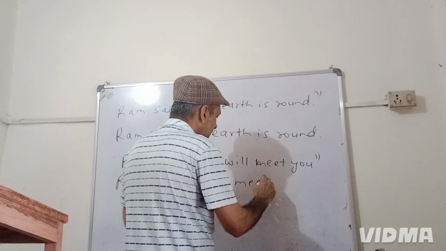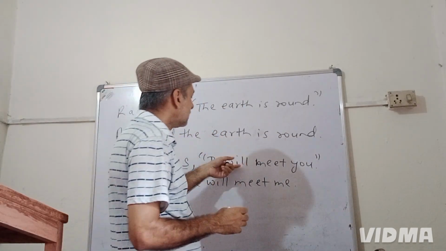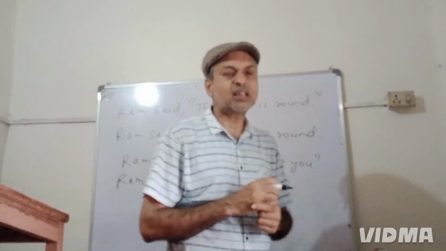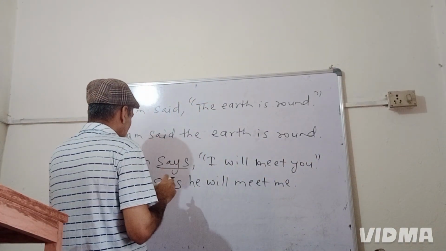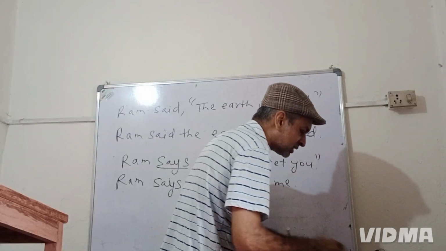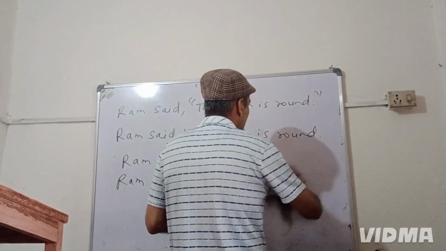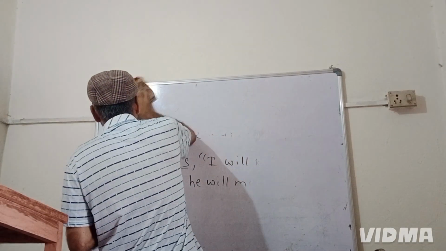Now one more thing, if it is an imperative sentence, like if it is an order or request, then what do we have to do? Suppose Ram said to me, stand up.